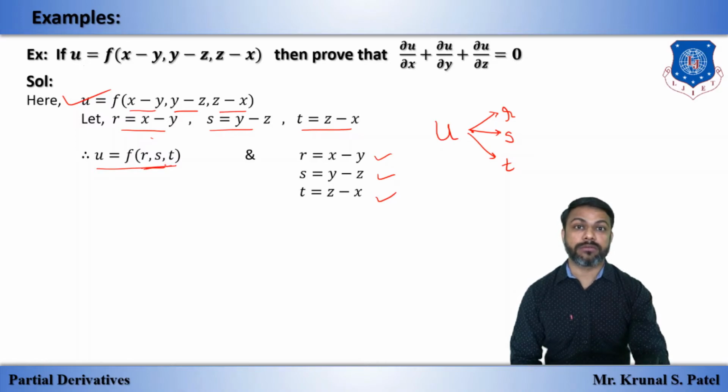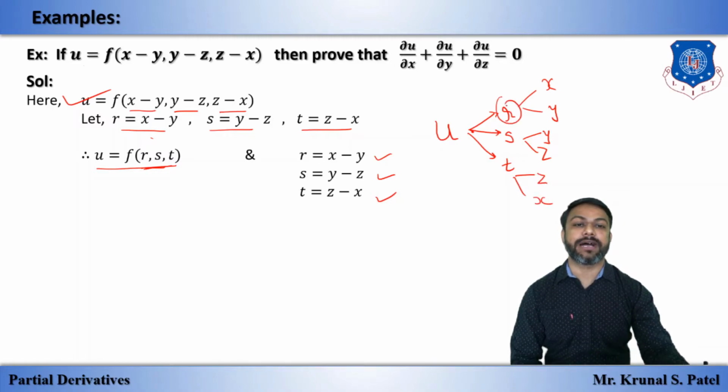So don't mug up, we just have to remember and write this function. These are the intermediate variables, and r is a function of x, y, s is a function of y, z, and t is a function of z, x.